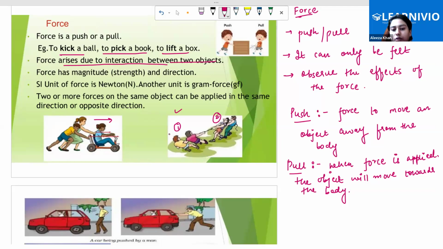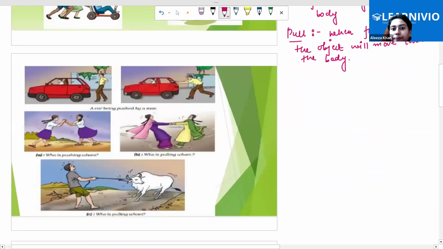Similarly, in these diagrams, the man is in contact with this car. There is contact between two bodies. That's why the force is created. Let's say this man is pushing this to the left side because greater force is applied.